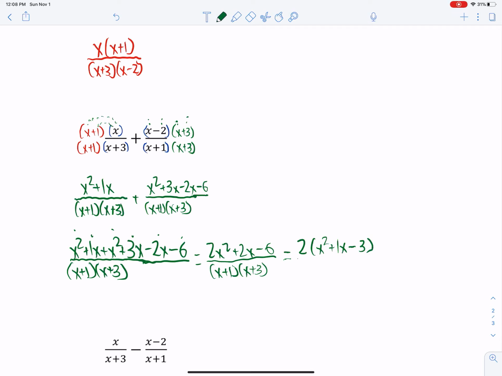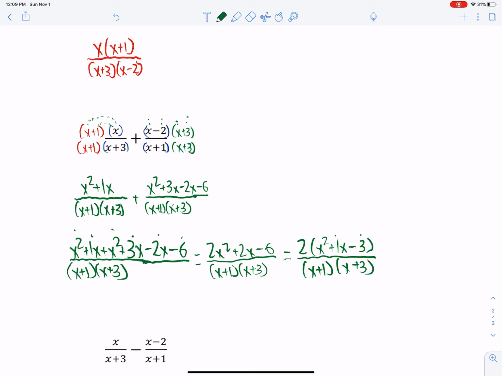Like that. On the bottom, we have x plus 1 times x plus 3. Now, if we could factor that last parentheses, we would, but there's nothing you can multiply to get a negative 3 that adds up to a positive 1, so we can't factor it any more than that. Now, looking at this, there's nothing that's a factor on the top and the bottom, so we can't reduce it. That would be the final answer.